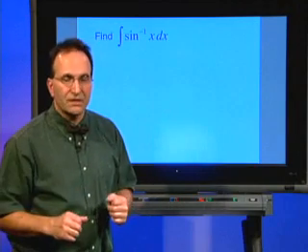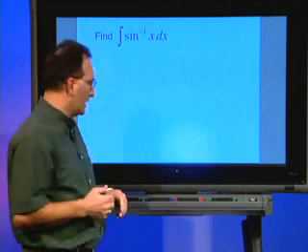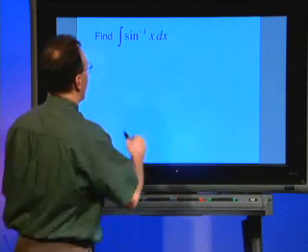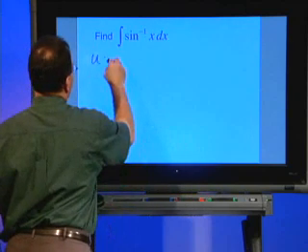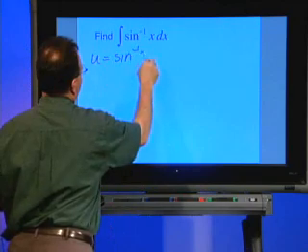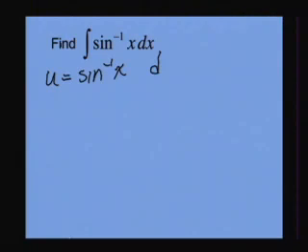Okay, this problem was similar to the example that I just did, and so you want to set it up in the following manner. You start off by saying that u is equal to sine inverse of x. U equals arc sine of x. And that, therefore, we're going to say that dv is equal to dx.